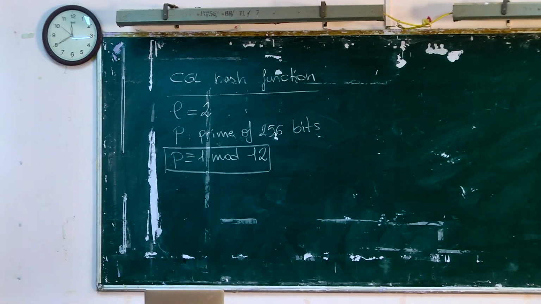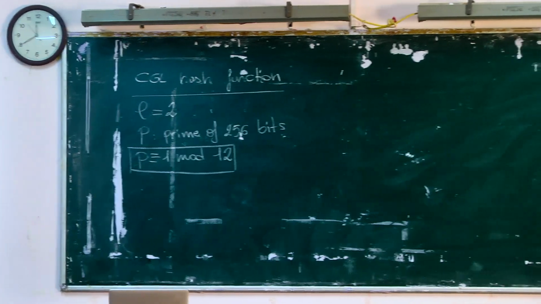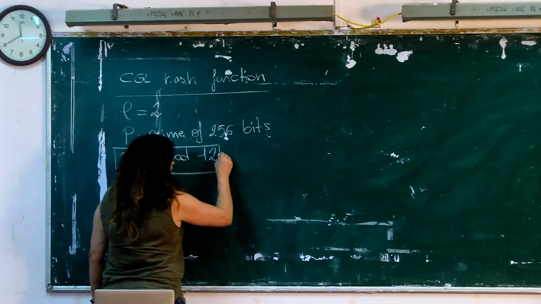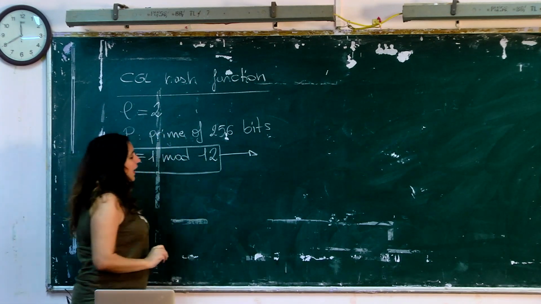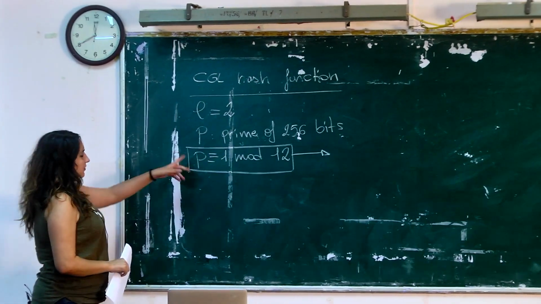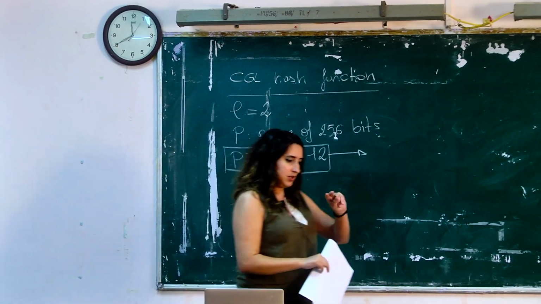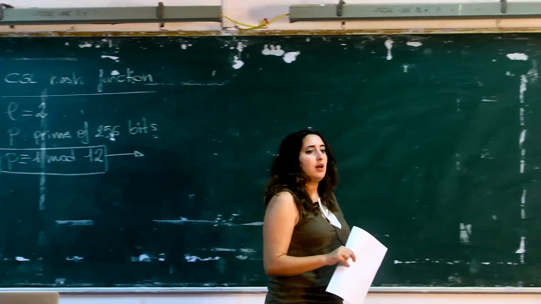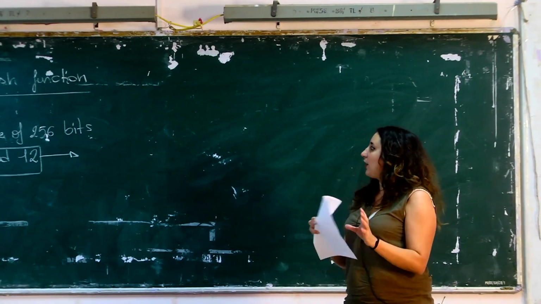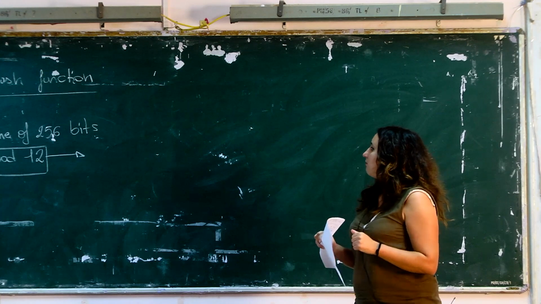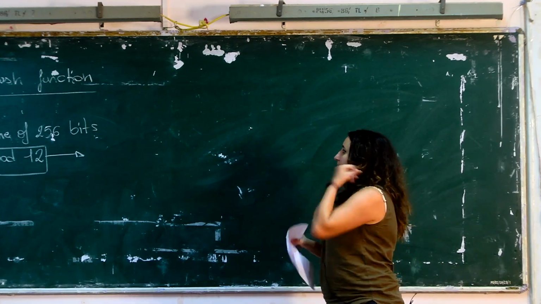This is an important condition for their construction, because if you remember, at some point we did two examples of supersingular elliptic curves, that were supersingular depending on their modular class modulo 3 and modulo 4. Okay?